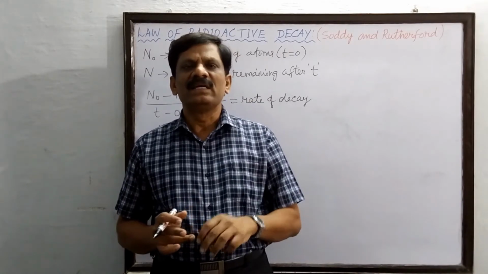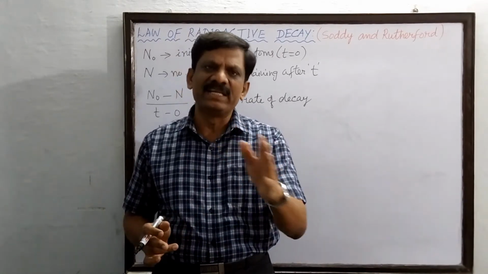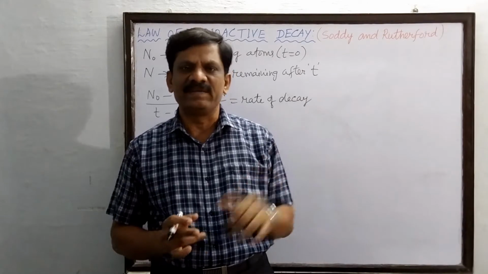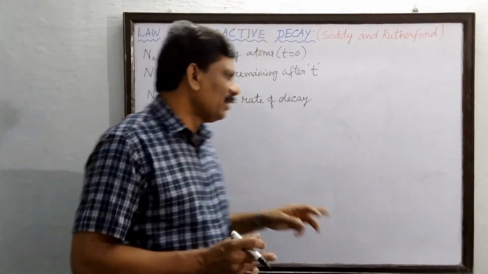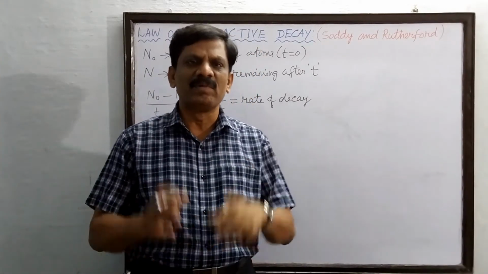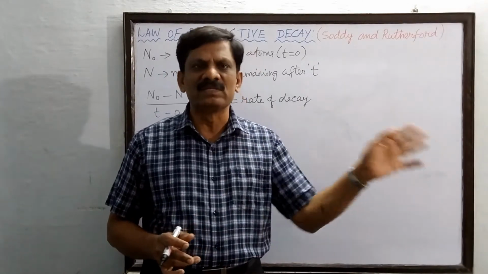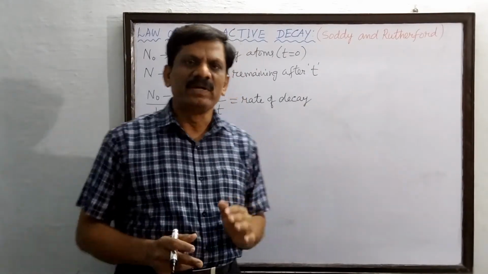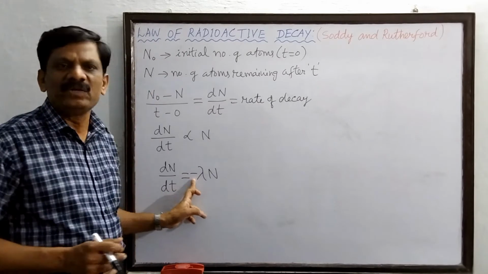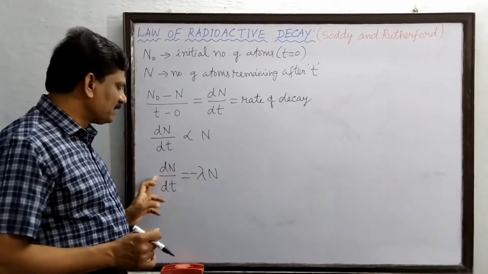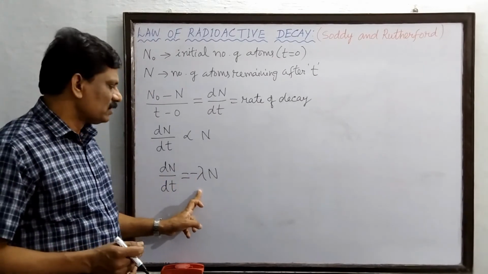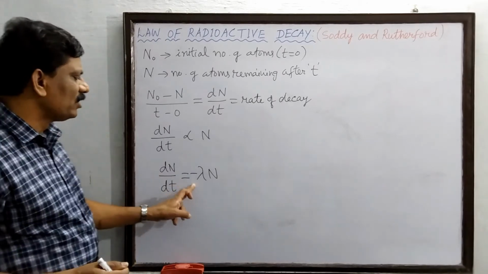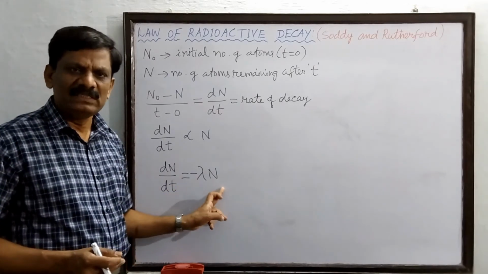That means the rate of disintegration is continuously decreasing with time. Also, the number of parent atoms will be continuously decreasing. That is why we are introducing a negative sign. So dN by dt is equal to minus lambda into N.